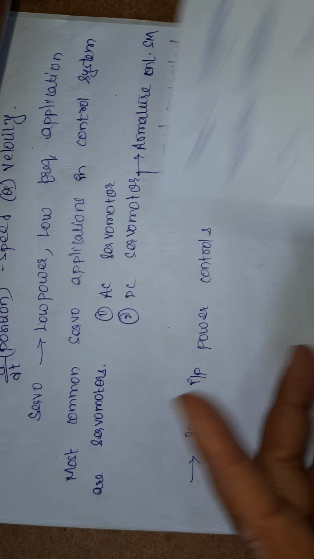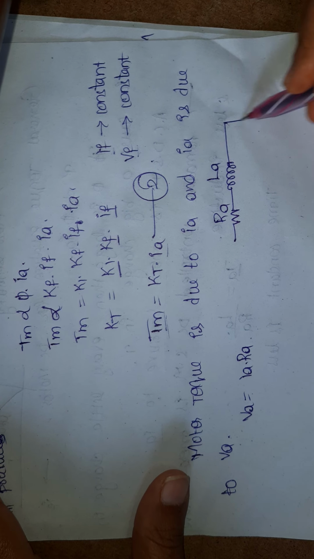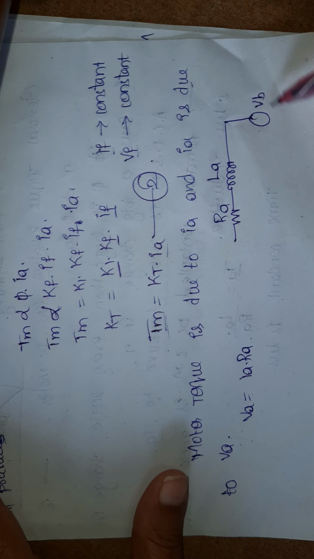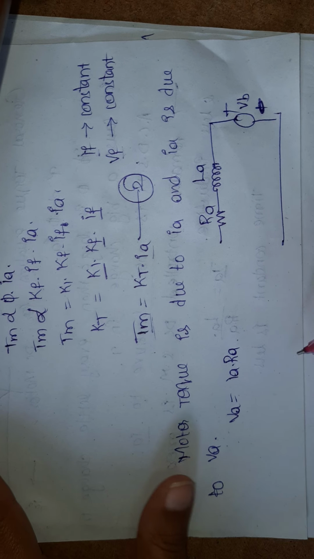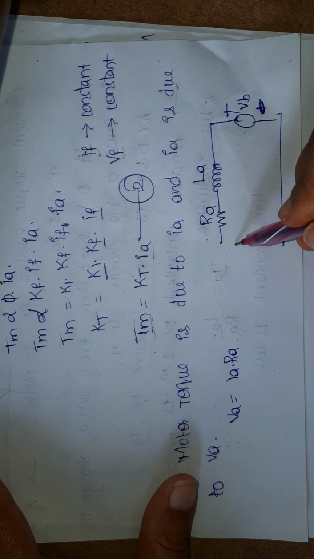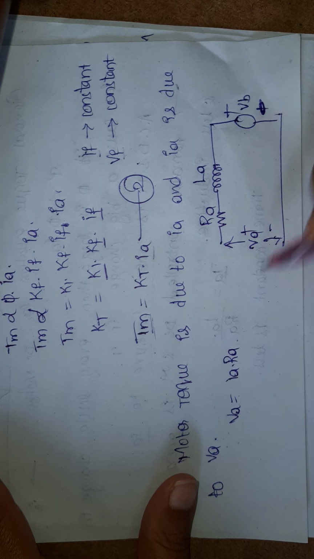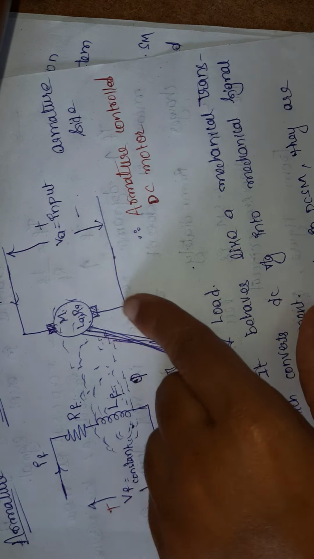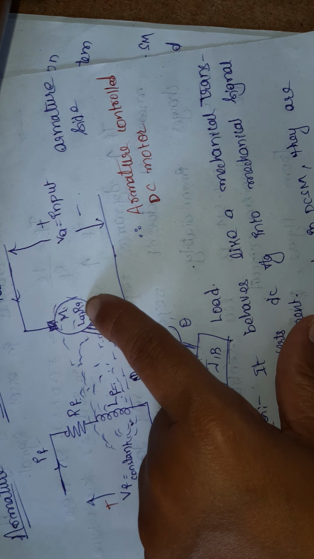Next I am also having Eb, the back EMF Vb. This is Va. Due to this Va, current Ia is flowing like this. Next I am having La, Ra.